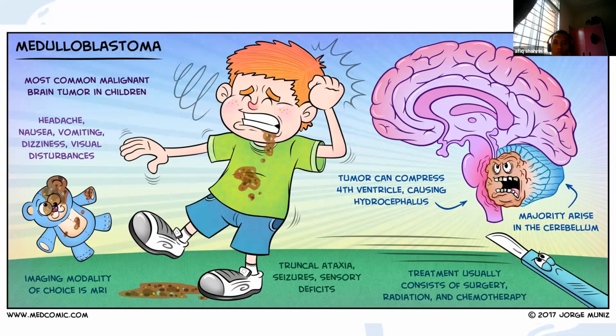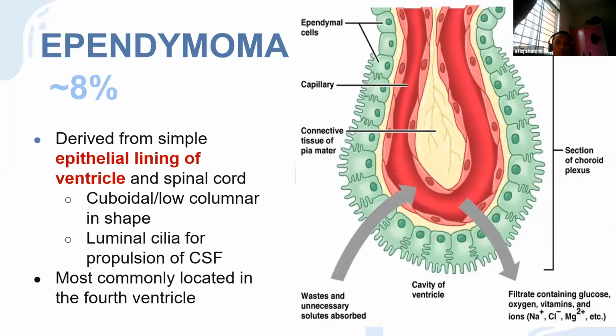Next, we go to ependymoma, which arises from the ependymal cell, also a non-neuronal cell that lines the passageway of CSF. So it is made up of cuboidal or low columnar cells and has luminous cilia for propulsion of CSF.